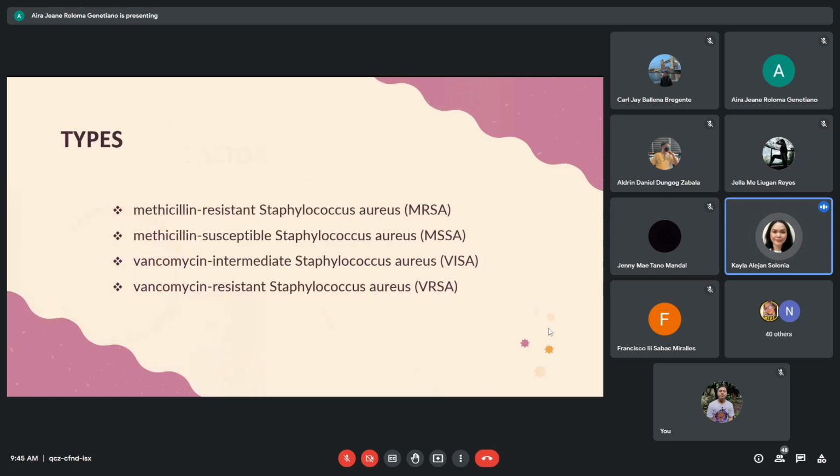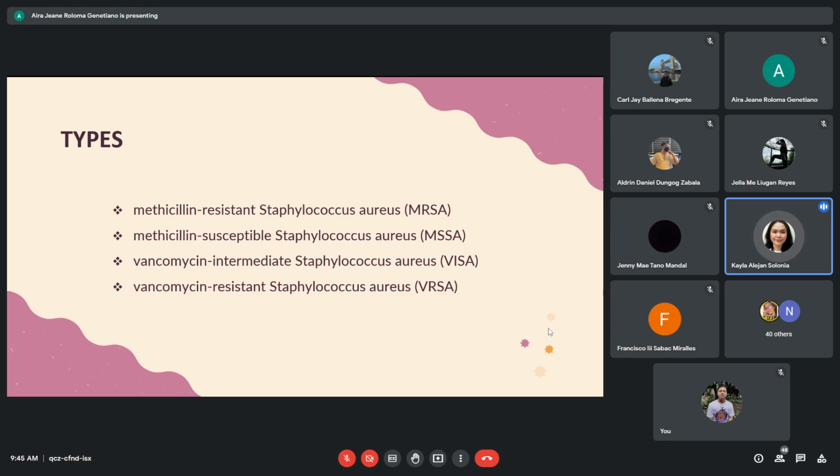Staphylococcus infections are caused by 4 different types of Staphylococcus germs. These are methicillin-resistant Staphylococcus aureus, methicillin-susceptible Staphylococcus aureus, vancomycin-intermediate Staphylococcus aureus, and vancomycin-resistant Staphylococcus aureus.